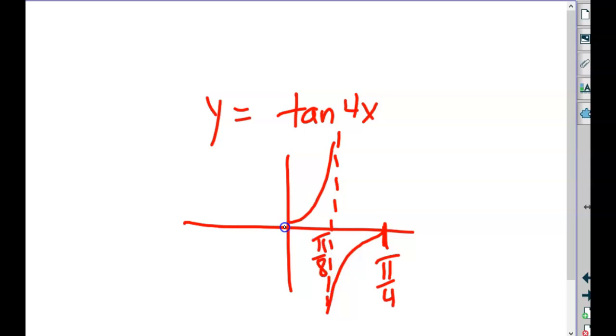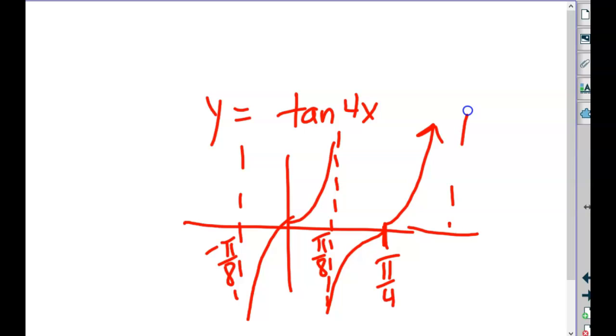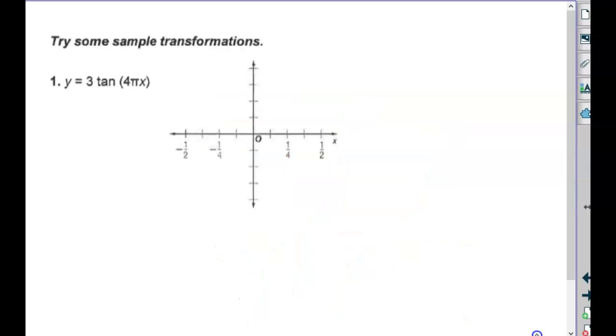Pi over 8. And that means on this side, there's also an undefined place at negative pi over 8. So every pi over 8, something is happening. So we have 1 pi over 8, 2 pi over 8, so the next undefined place here would be 3 pi over 8. Everybody okay? All right, that was worth taking our time to do.